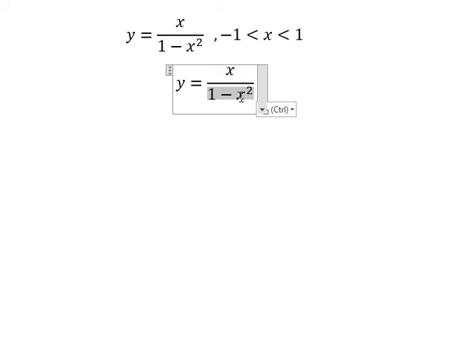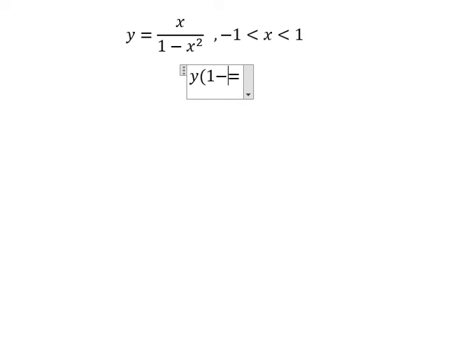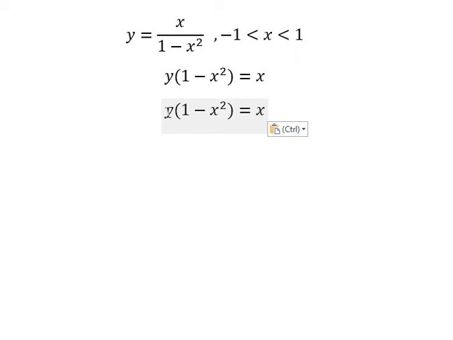So I will put 1 minus s squared to the left. Next, we need to distribute this, and we have y multiplied by 1, y multiplied by s squared.